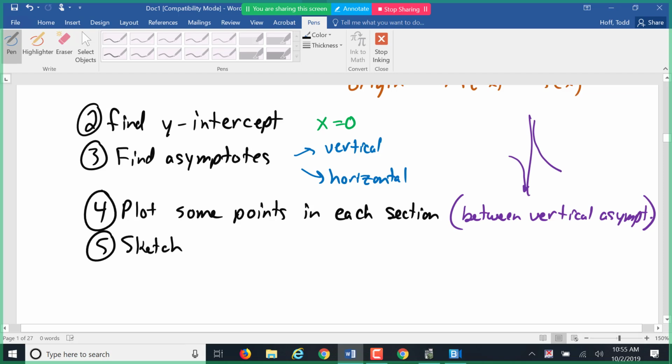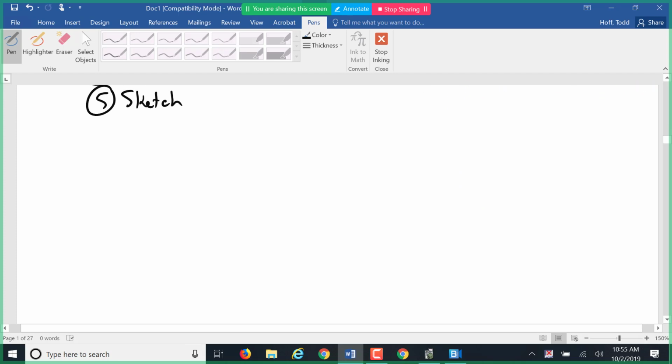So let's do an example here quick. Of f of x equals 8x squared over 2x squared minus 18.